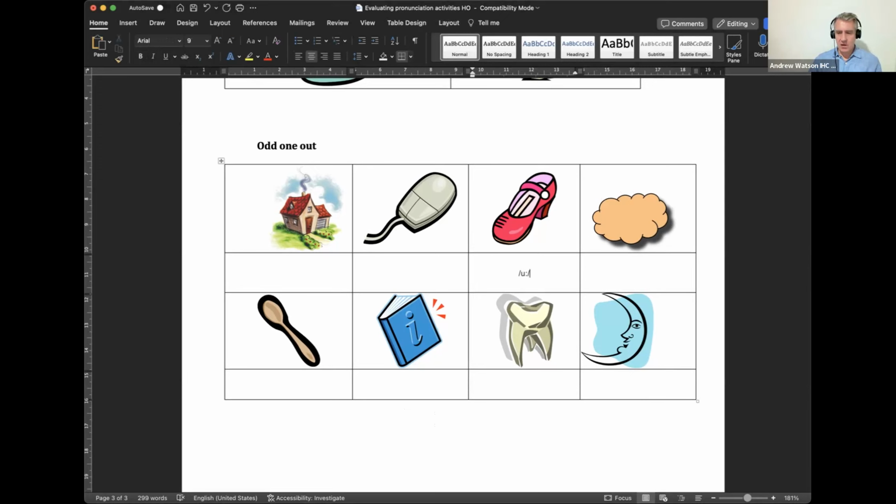And in the other ones, it's the same sound, and it's all ow. How do you say it? It's a diphthong, isn't it?